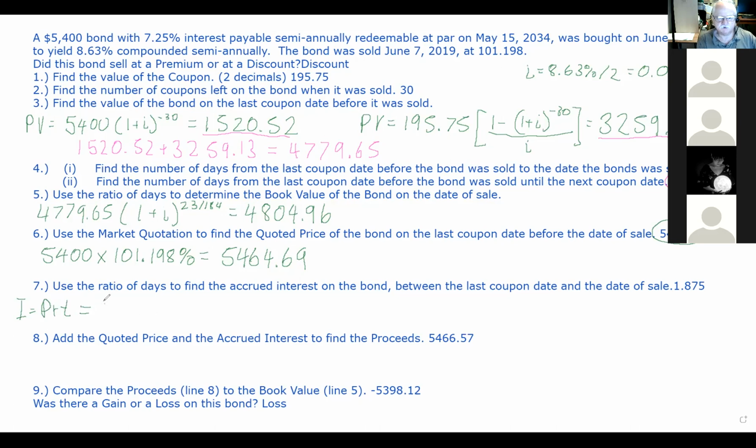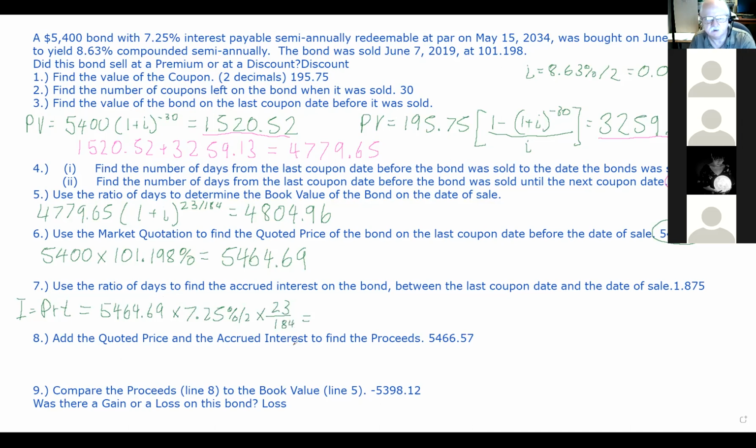And the principal is this 5464.69. The rate, in this case, we have to use the bond rate of 7.25% divided by 2 times the time of this 23 over 184.